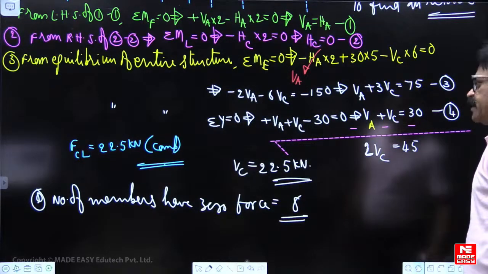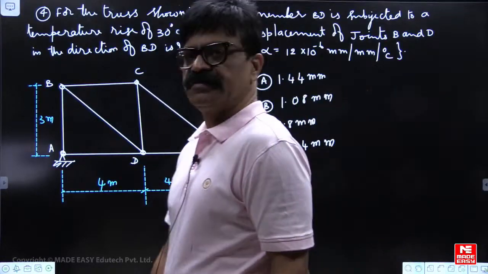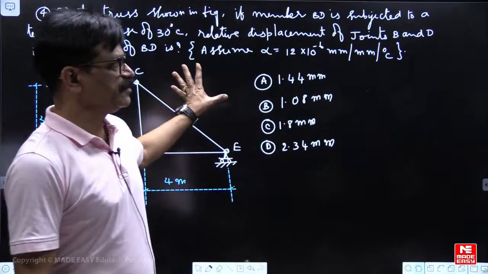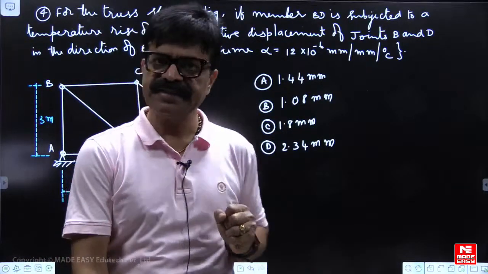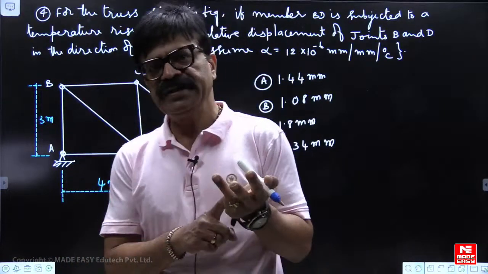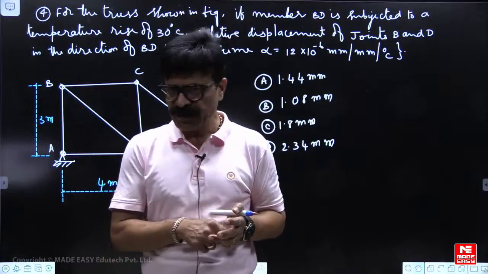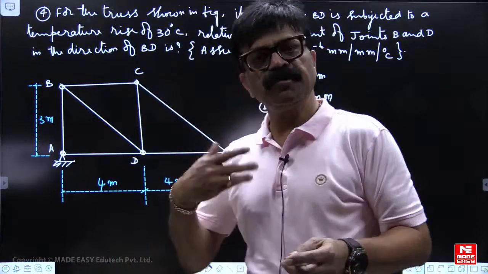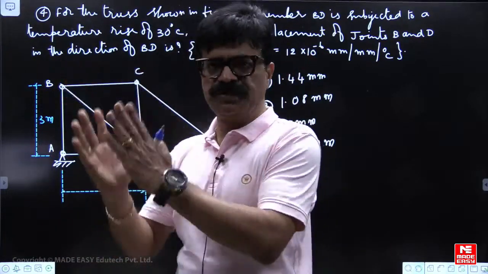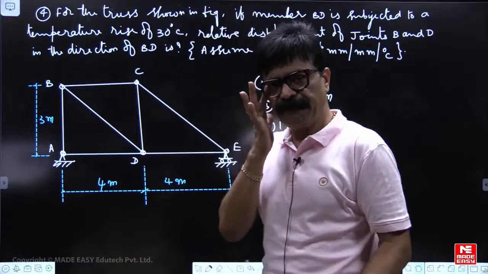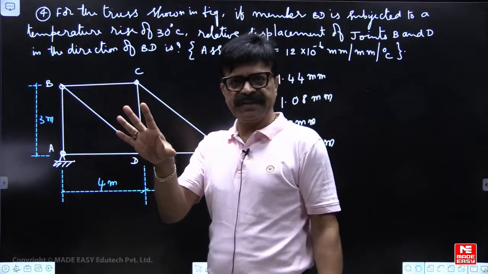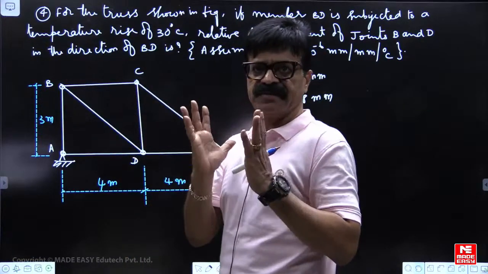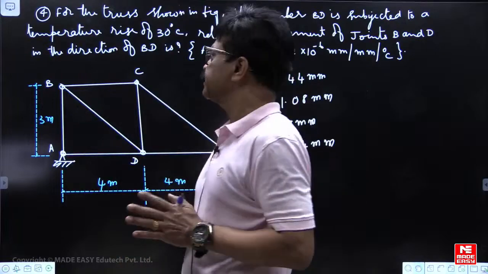Right. Now that's about the method of sections, method of joints. How to detect whether member forces are 0 or not. Then if at all more reactions are there, you have to use method of sections. Fine. So whatever may be the question they give us, it will fit into this process of thinking.